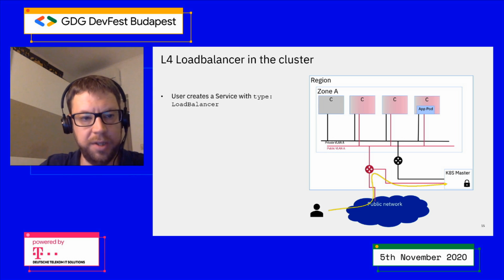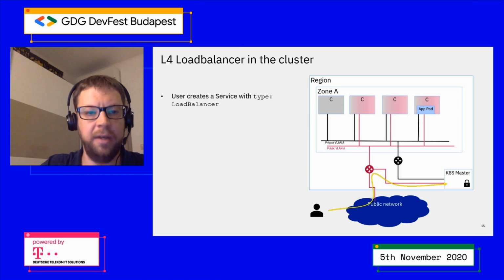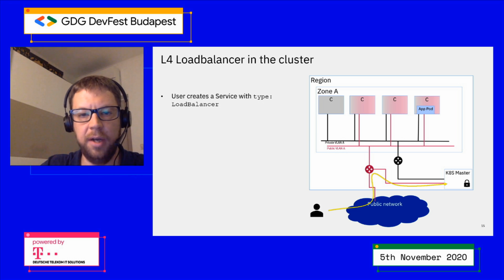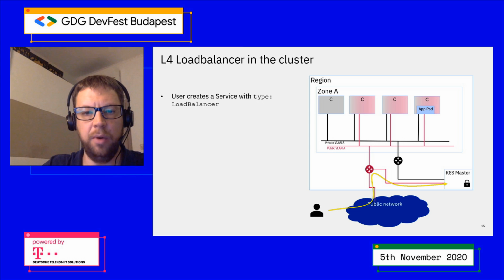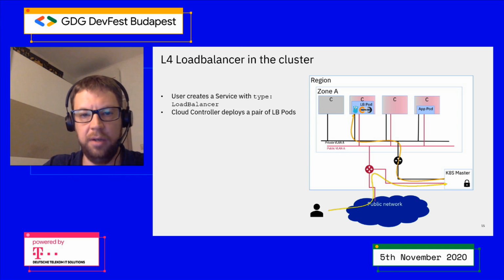This special hook is implemented and invoked in a vendor-specific way. So every cloud provider is able to create whatever he wants, reacting to this service inquiry, which is to create a load balancer. So in this kind of infrastructure as a service, the solution is to directly deploy the load balancer actually as pods into your cluster.